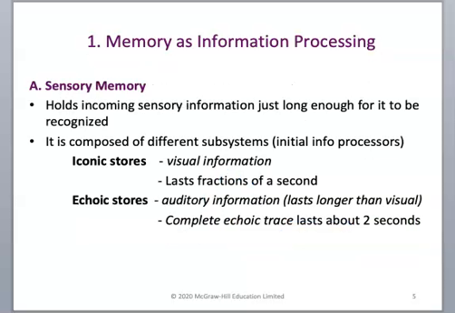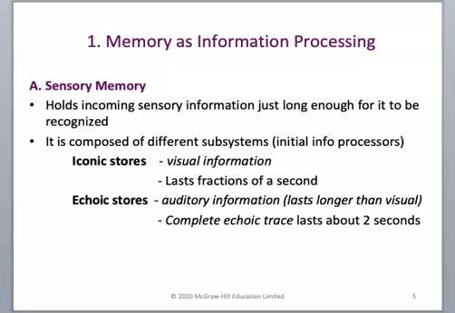So A, sensory memory. This holds incoming sensory information just long enough for it to be recognized. So it's very, very brief, just a few seconds, and it's comprised of two different subsystems. It has iconic stores and echoic stores. Iconic stores is the visual information. It lasts for just a fraction of a second, whereas the echoic stores is the auditory information that lasts a lot longer.